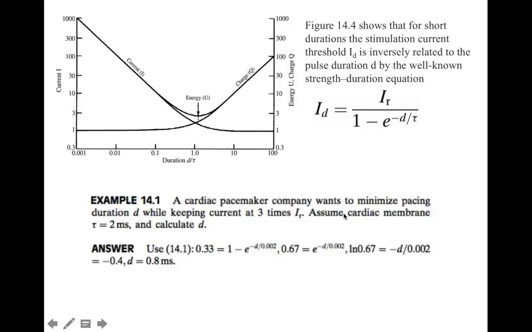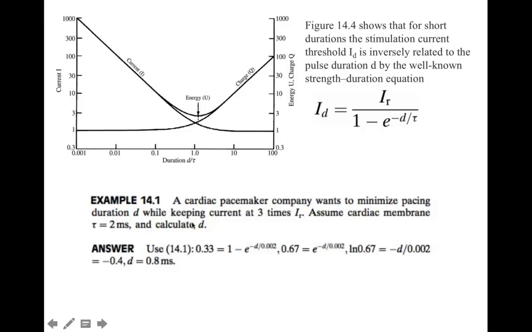So if the cardiac membrane has a time constant of 2 milliseconds, basically you can plug a 1 in for I sub D, a 3 in for I sub R, and then you can solve this equation. And so on solving that equation, you basically get that the duration is 0.8 milliseconds.